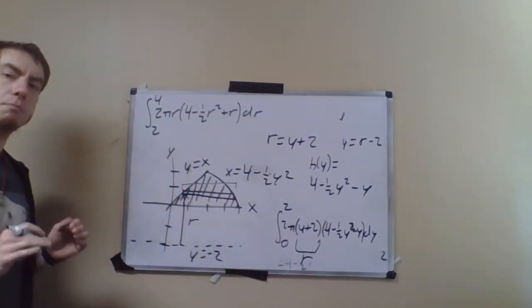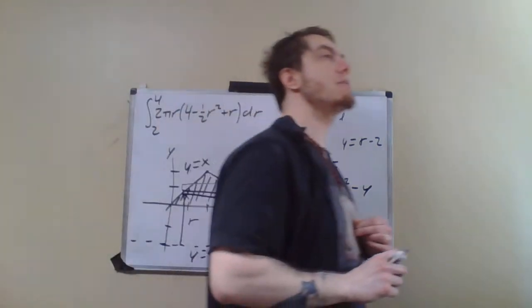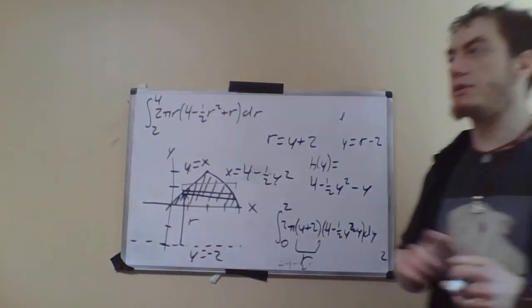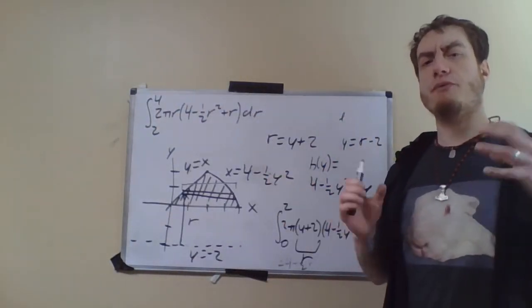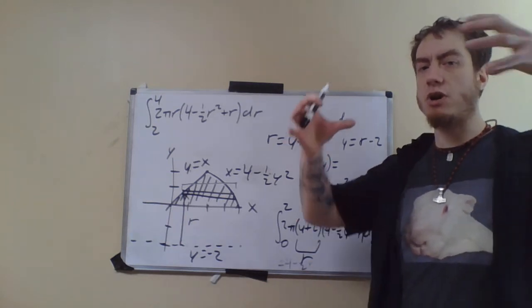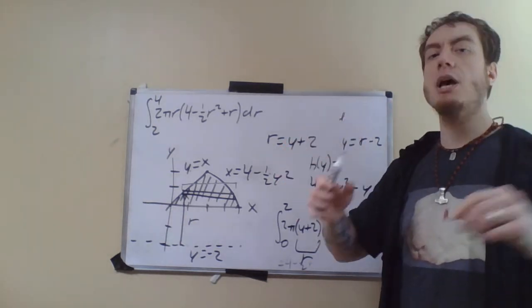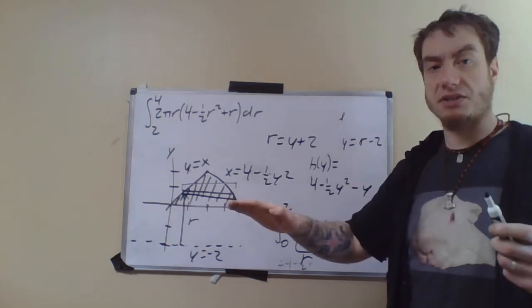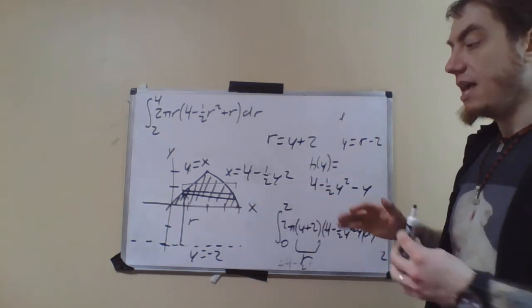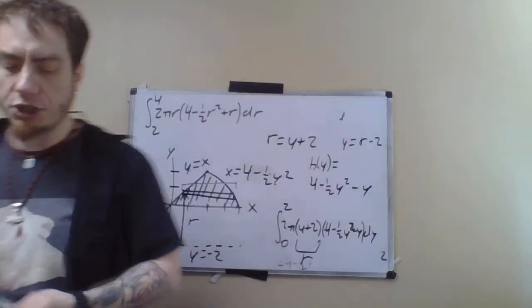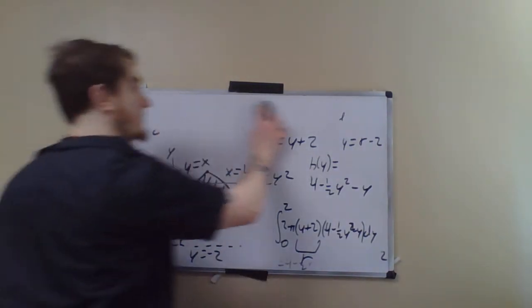So here's the question that people usually have. When do you want to use cylinders and when do you want to use slices? Well, they're both forms of slices, right? But when do we want to slice things into cylindrical shells versus slicing them into discs or annuli? And again, here's what you want to ask yourself when you approach a problem.